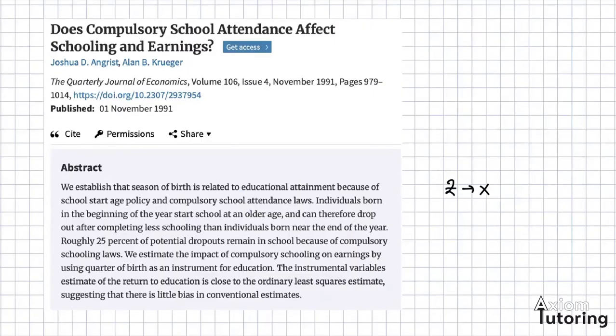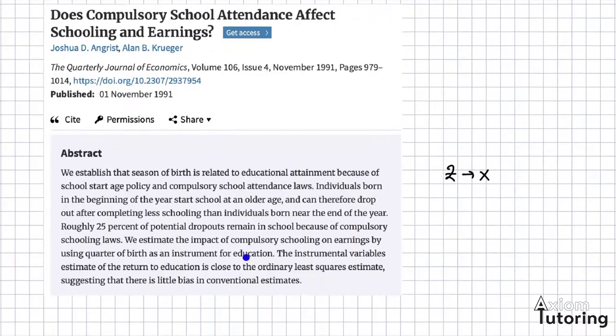If you then look at this other part right here, what you are looking at is actually the exclusion restriction. Notice very clearly what they're doing here, because they're using quarter of birth as an instrument, which only makes sense if you believe that birth quarter affects earnings only through education.